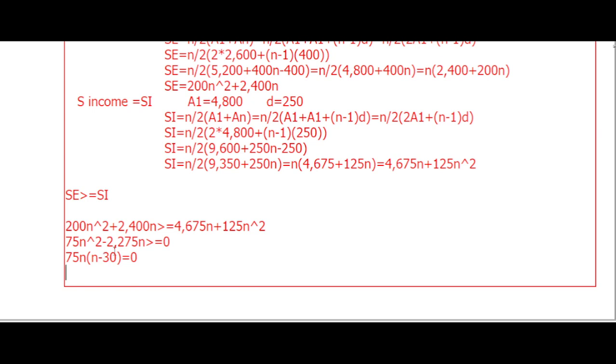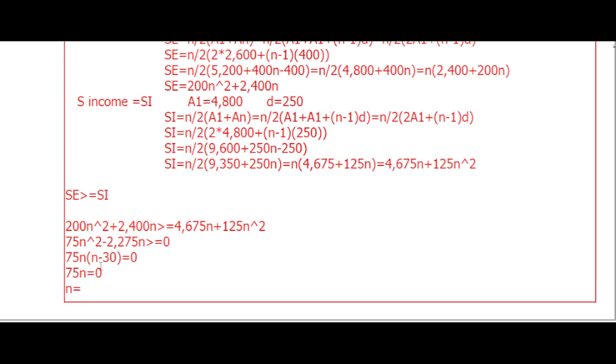So using the product property, 75n is equal to 0, let's divide by 75, so n is equal to 0, or n minus 30 is equal to 0. So from this you get n is equal to 30. This is the answer.